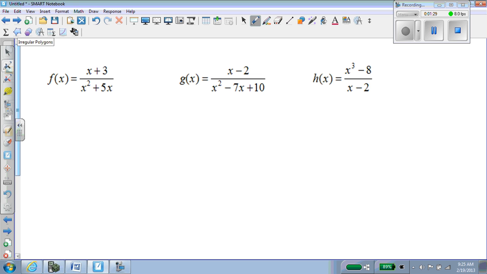Okay, so let's practice that skill. So first, any domain restrictions. If I factor this denominator, I get x times x plus 5. So x cannot be 0 or negative 5. So 0 will either become a vertical asymptote or removable discontinuity, and so will negative 5. Either or, not both.